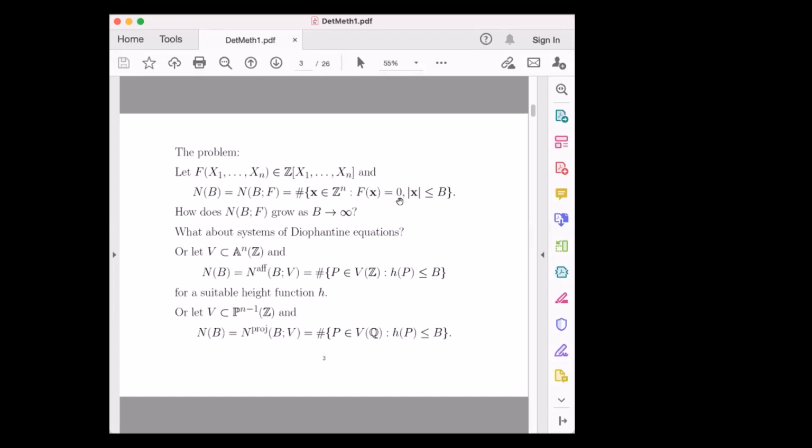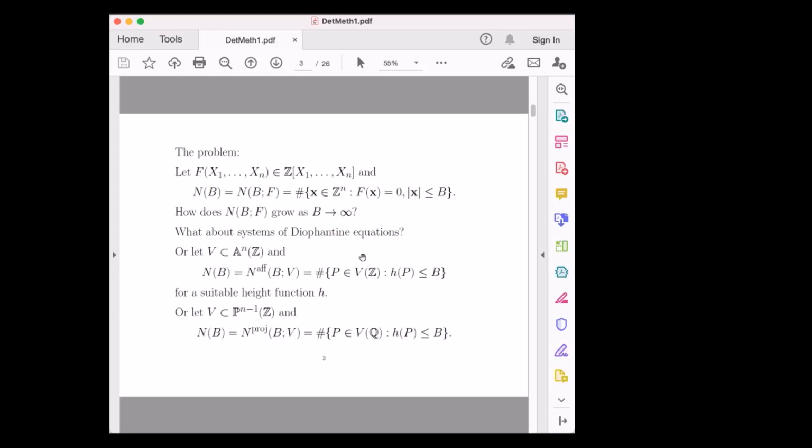So f(x) equals 0 will be a Diophantine equation. We're looking at an integer equation with integer variables, and we're looking at the sorts of Diophantine equations where we expect there to be infinitely many solutions. One can also ask about systems of Diophantine equations. There'll be an analogous counting function.